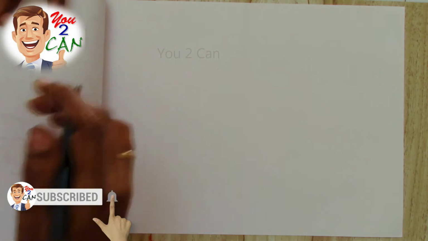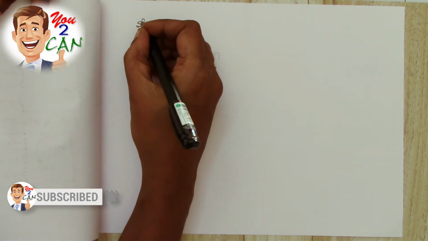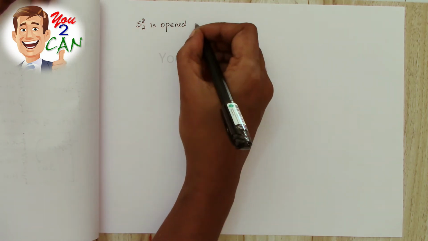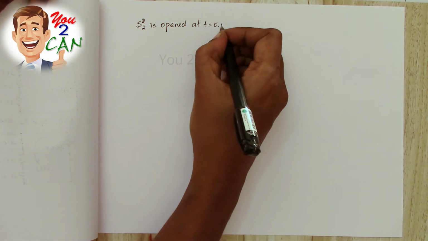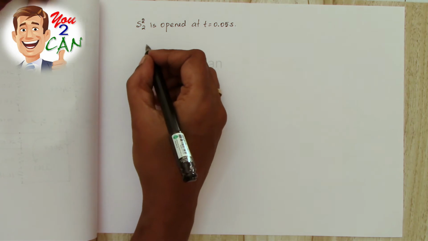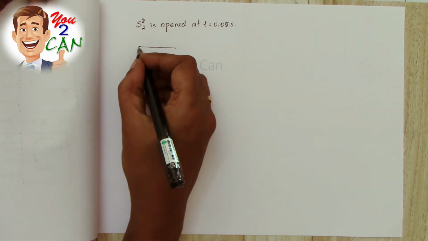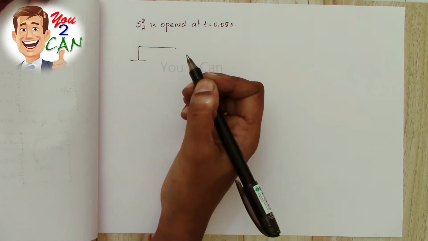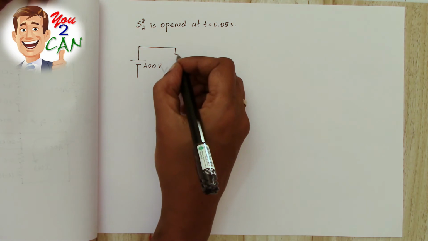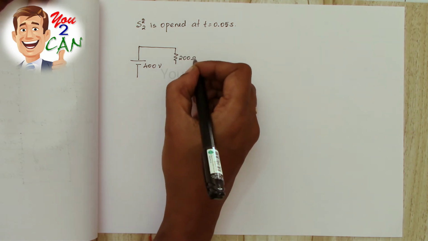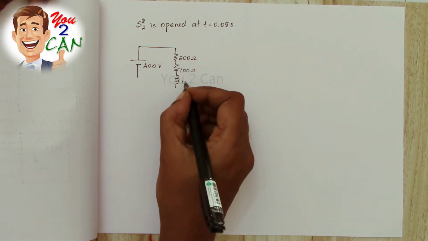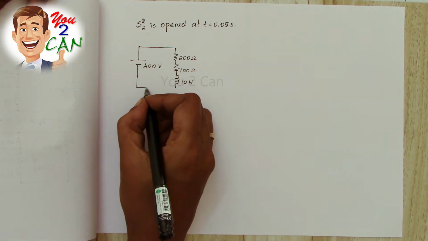Now the switch S2 is opened at t equal to 0.05 second. Now what will be the circuit? S1 is still kept closed. 400 volt, this is 200 ohm, 100 ohm, 10 Henry.